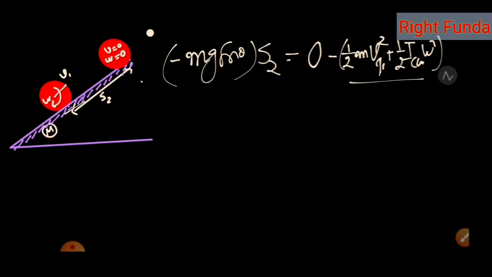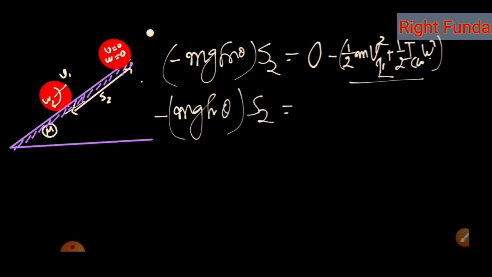So mg sine theta into s2 is equal to this value. Using v equals omega r, this becomes 3 by 4 m v1 squared. Solving this, I know the V1 value we calculated on the last page, so we substitute it.